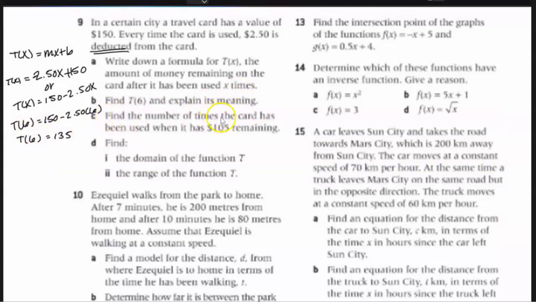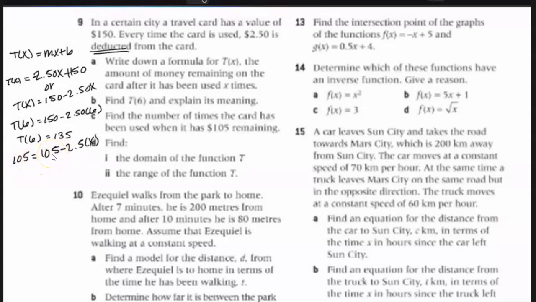Part C says find the number of times the card has been used when it has $105 remaining. So in this case, we're going backwards. They're telling us how much money we have remaining. They want us to figure out how many times we have used that card. So I plug in the 105 for Y, and I want to figure out X, the amount of times the card had to be used to get it down to this amount.